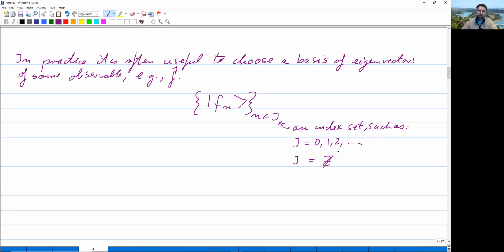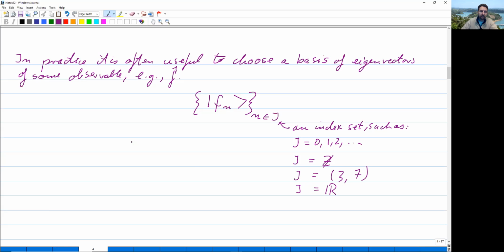But the index set could also be continuous. It could be the interval from, just a sec, could be the interval from, I don't know, 3 to 7. Or it could also be the real numbers. It could even be a mixture of integers and continuous intervals.